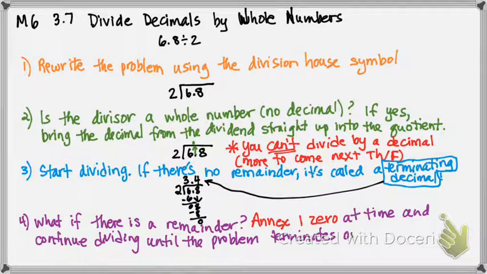That's called repeating. So it either terminates or repeats. Okay? So what I mean by one at a time is I'll add a 0 at the end of my dividend, bring it down, do the division. If I still have a remainder, I'll go back up to my dividend, add another 0, bring it down, and continue the division. So let's go ahead and do a couple problems on the next page.